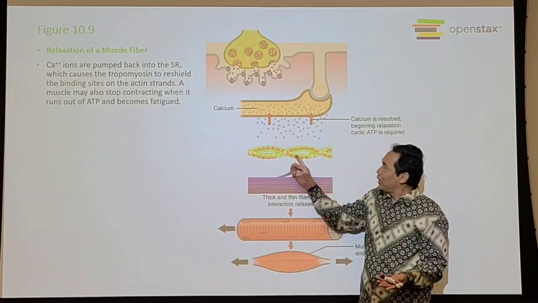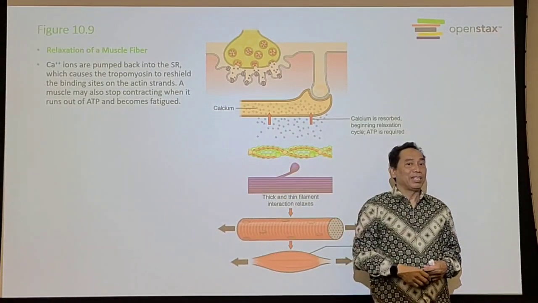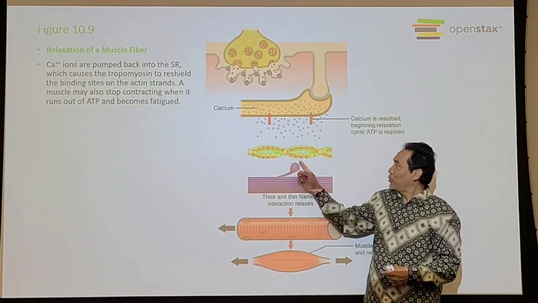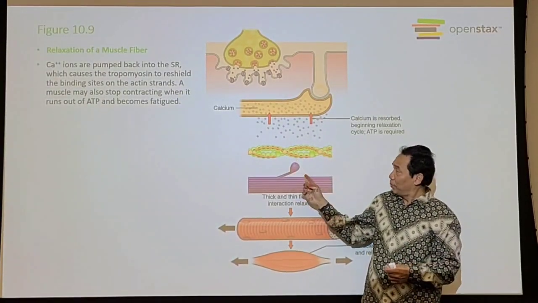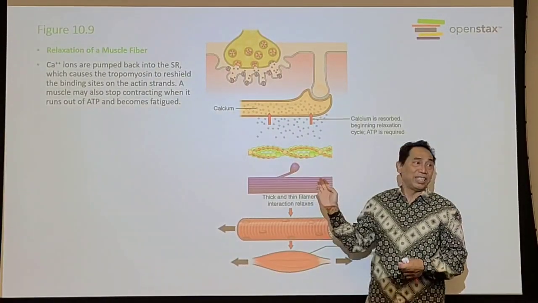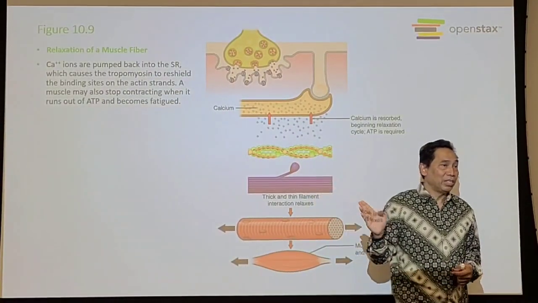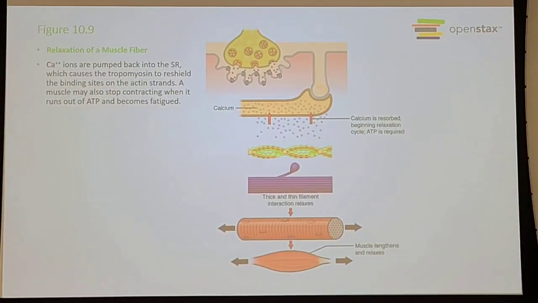The tropomyosin will go back to cover the binding site. The myosin head will not bind to it, and then we have relaxation. And also, as I mentioned before, we require another ATP to detach this before the calcium returns back to the SR. Do you have a question?